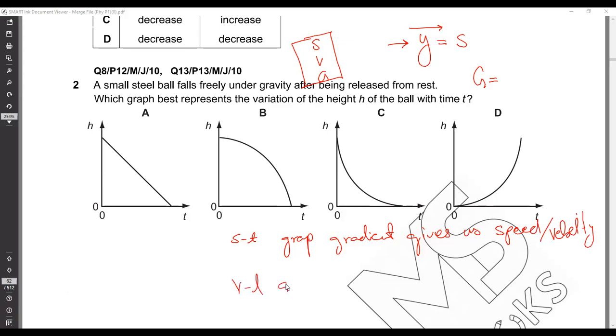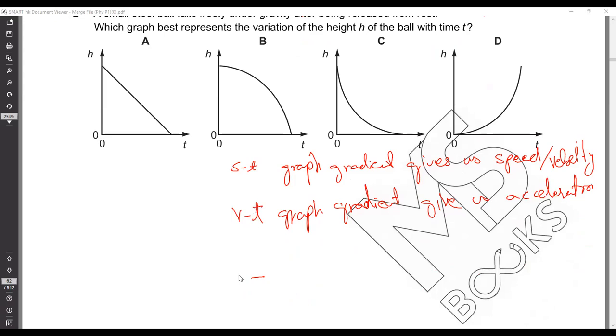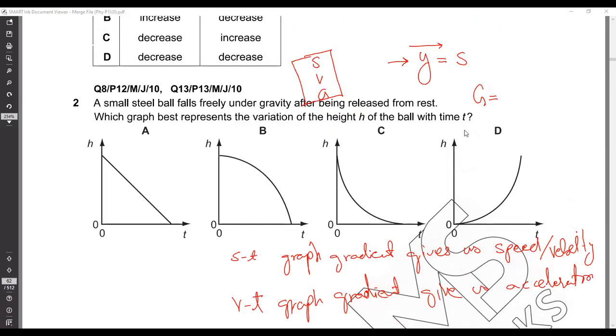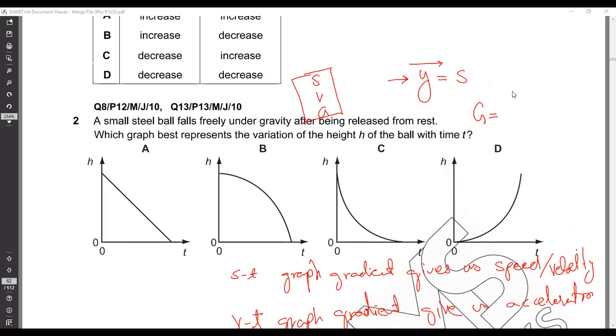The velocity-time graph gradient gives us the acceleration. Is that right? And the area of the velocity-time graph gives us the distance or displacement. Is that right? So for this graph, the gradient will tell you the velocity.